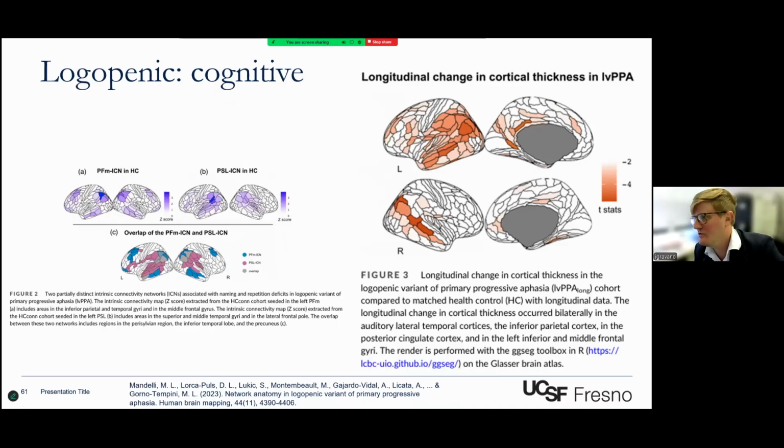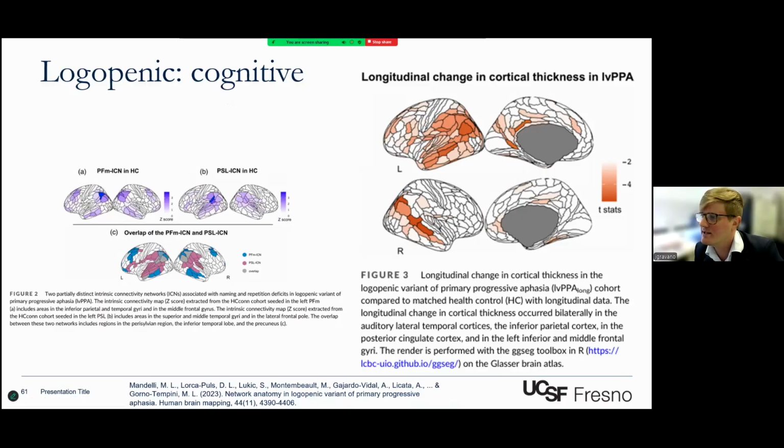So, how can you use this in research and understanding the anatomy? Well, you can understand the overlap of language areas with their cognitive underpinnings. This case looked at naming systems and repetition, phonological loop type systems, in logopenic primary progressive aphasia.